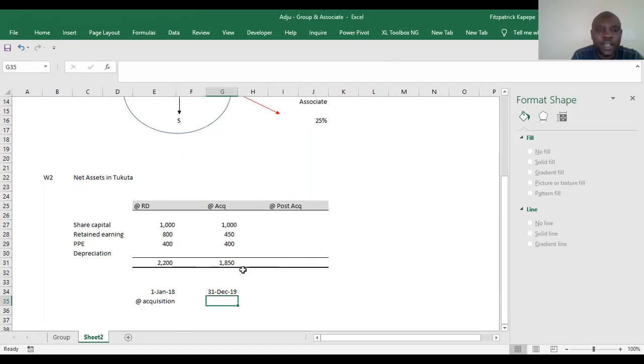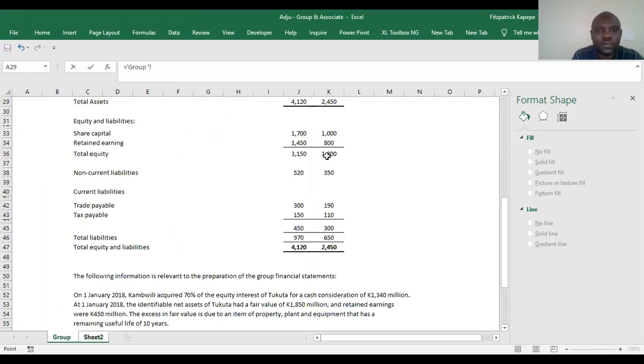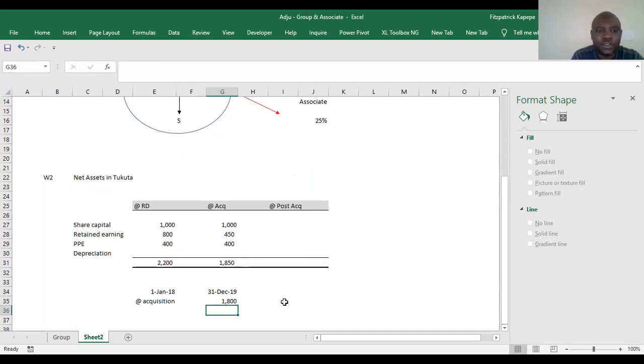So at report date, the identifiable assets. And under this.